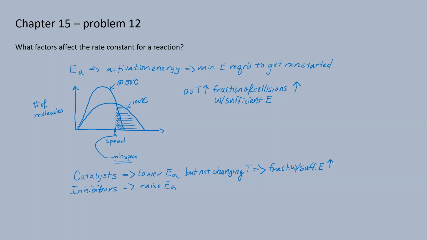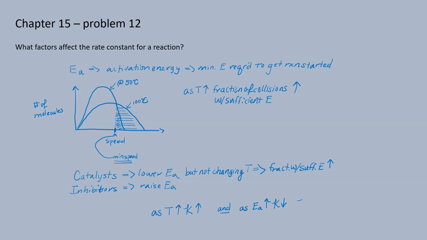Okay, so basically there's two things that are going to affect our rate constant: activation energy and temperature. As temperature goes up, the rate constant goes up. And as activation energy goes up, the rate constant will actually go down.